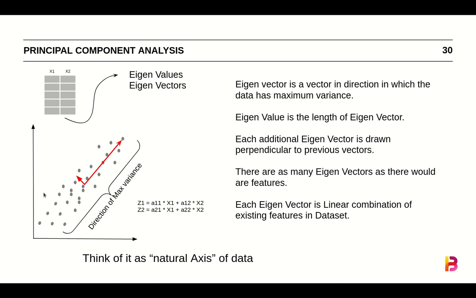Now for this two-dimensional data, this becomes z1, this becomes z2, and the way this length is calculated is what leads to these a1 coefficients which we use.